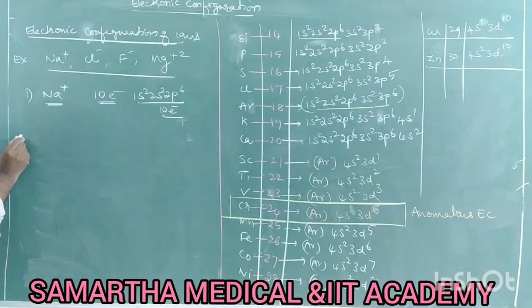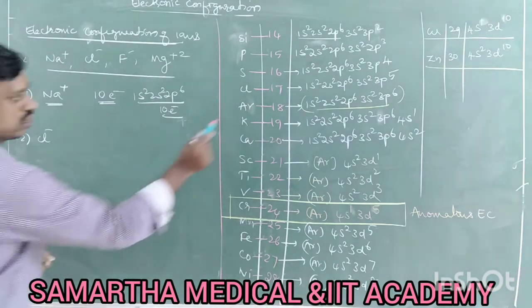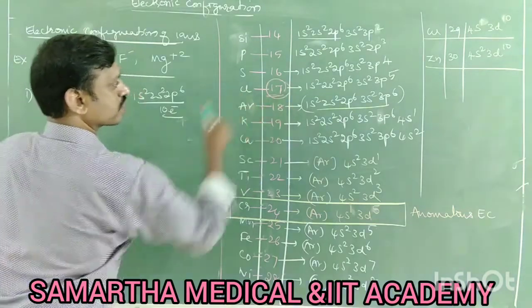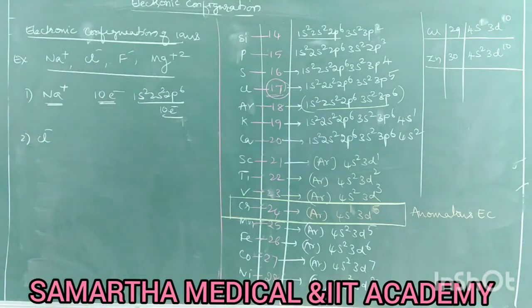Next is the second example, Cl minus ion. We should know chlorine first. Chlorine has 17 electrons, but there is a negative charge. This negative charge indicates the addition of 1 electron.